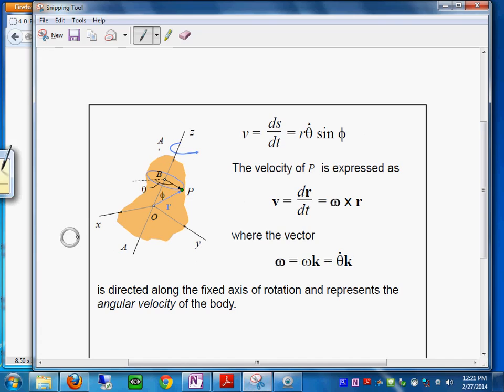Okay, now it worked. Maybe I should do it with the red pen. So if you have omega, which is ds/dt equal to r theta dot sine of phi, that would be like this. This would be the velocity of P. I think it's important to be able to see that.